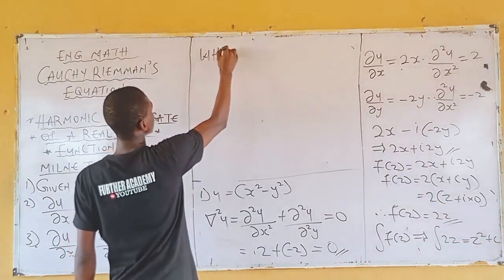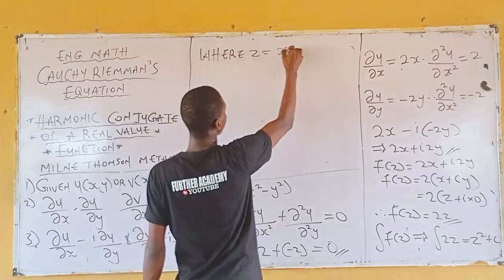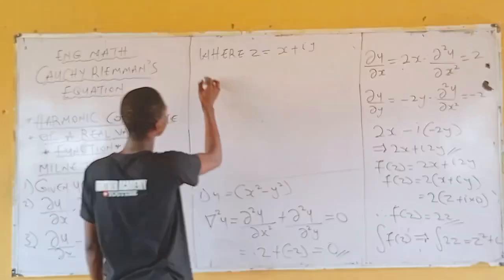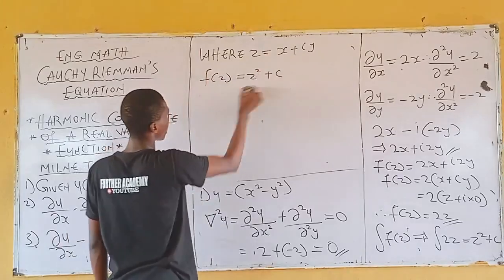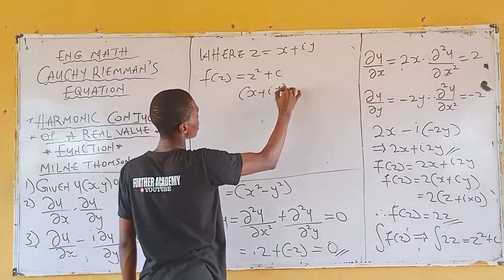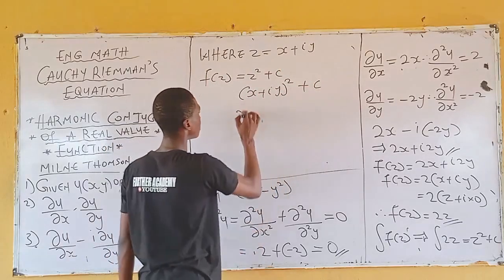Where z is equal to x plus iy. Meaning f of z that we've gotten as z squared plus c, I can substitute this z, so I have x plus iy squared plus c. Now let's solve this. I have x squared.